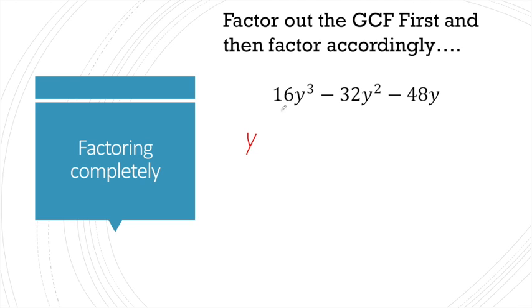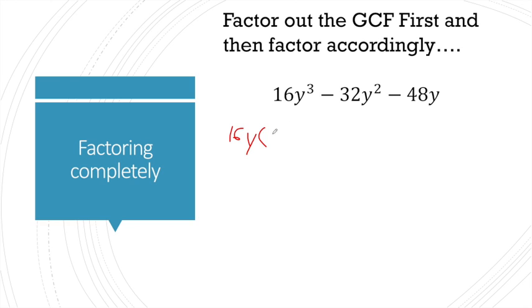Now, you may need to make some factor trees or go back and review how to find the greatest common factor, but you'll find that the greatest common factor of 16, 32, and 48 is actually going to be 16. 16 times 2 is 32. 16 times 3 is 48. So we're going to pull out a factor of 16y.